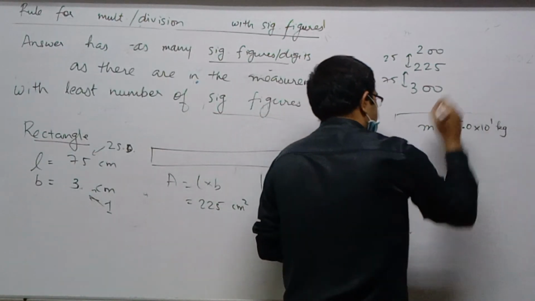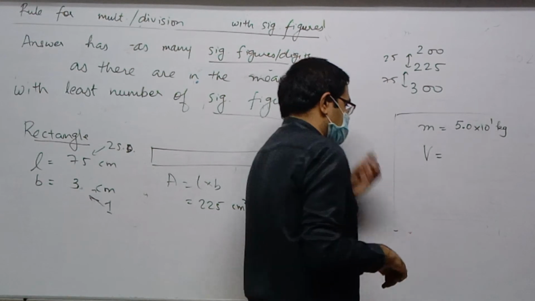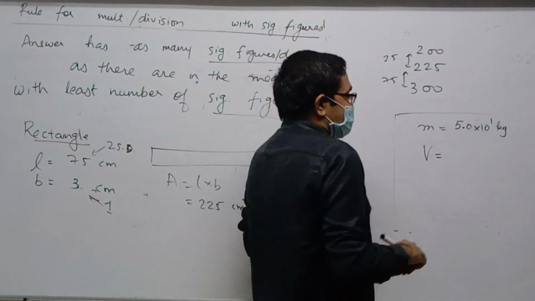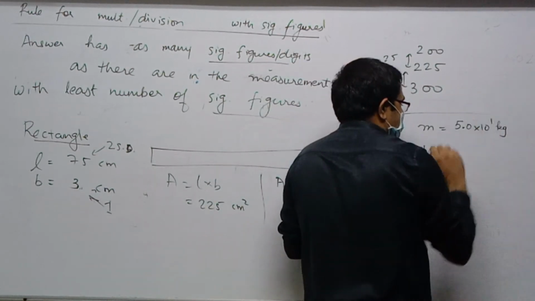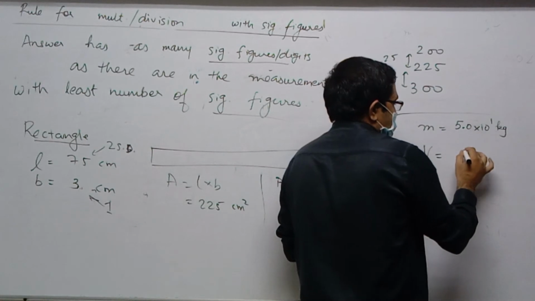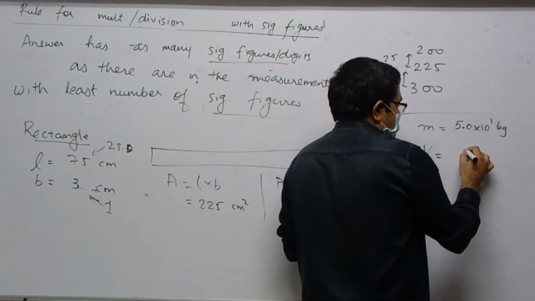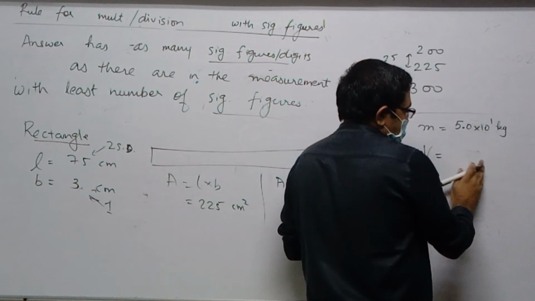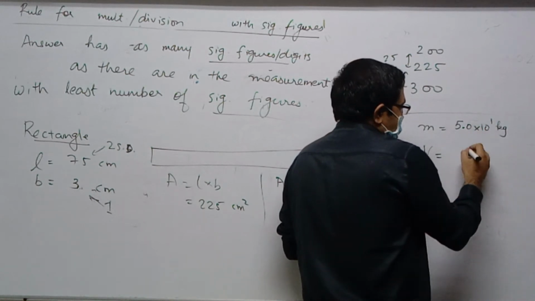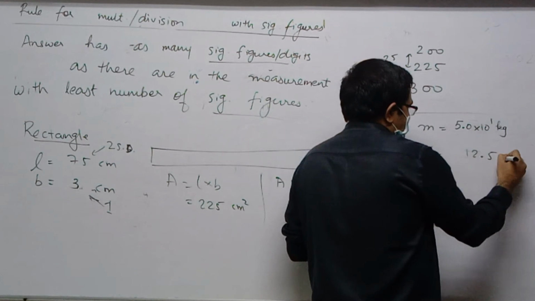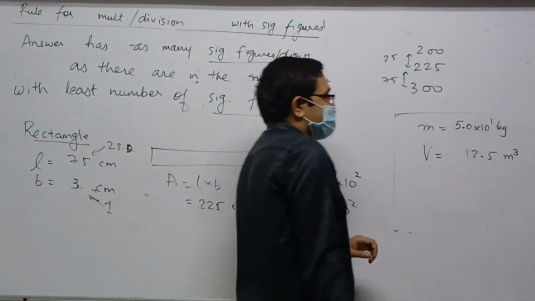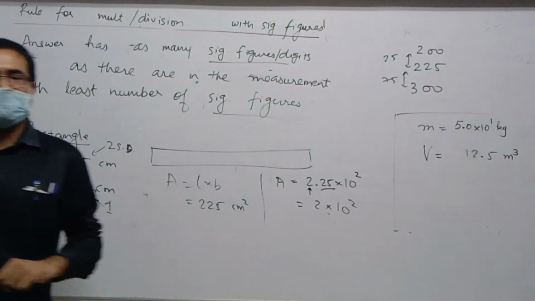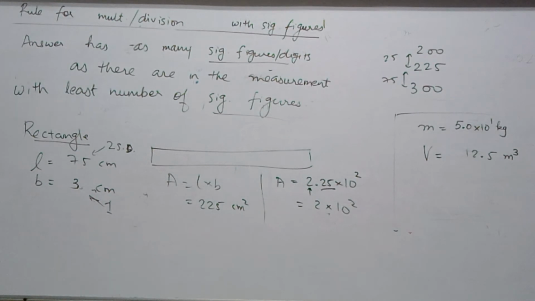And the volume of that object, V for volume, let's say 12.5 meter cube.